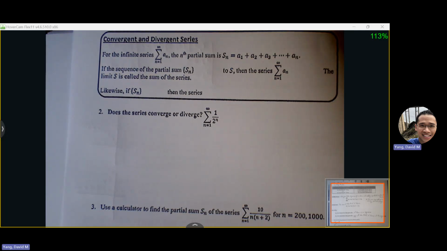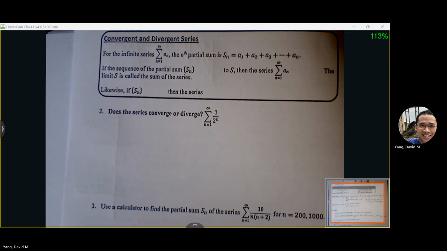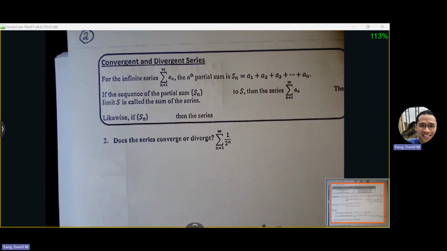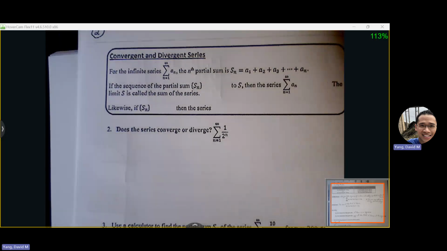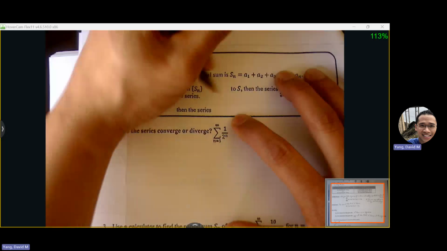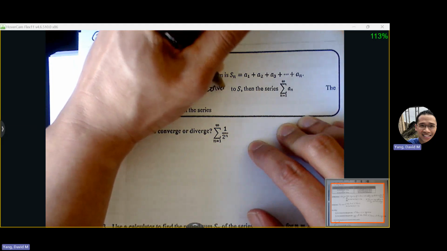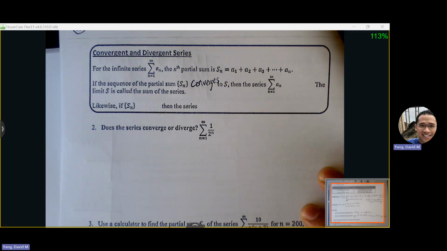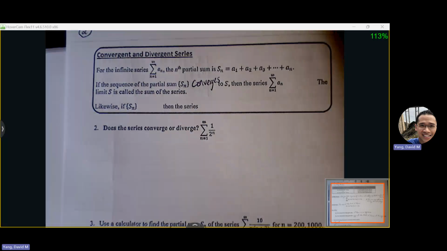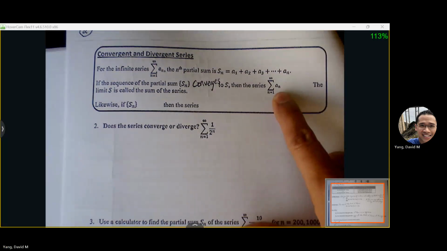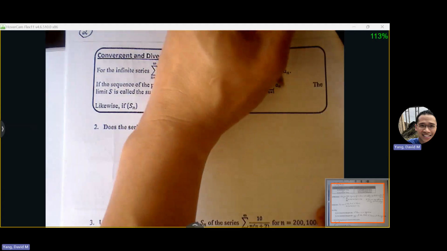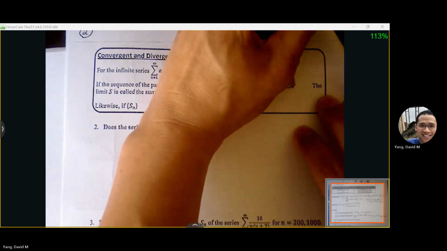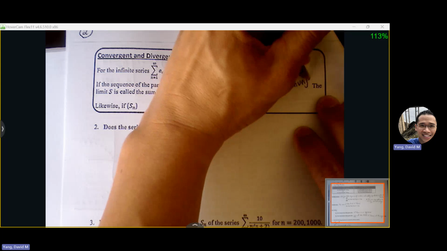For the infinite series, the nth partial sum, S sub n, is equal to a sub 1 plus a sub 2 plus a sub 3 dot dot dot a sub n. If the sequence of the partial sums converges to some real number, then the series adding up the individual terms is going to converge.